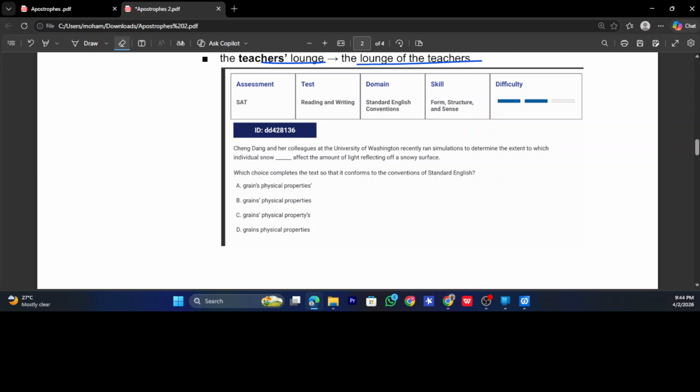So here is our example. First of all, you try, then we will solve it together.